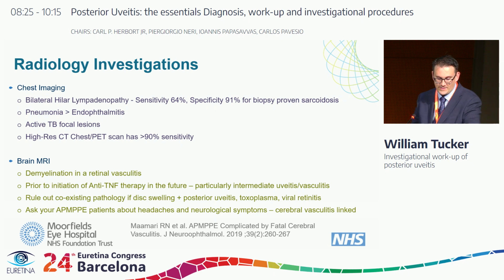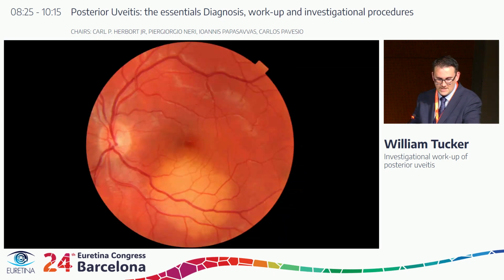So please do remember that. Certainly any AMPI patients with headaches or other neurological symptoms, please act quickly to ensure somebody who understands cerebral vasculitis sees them. So I'm just going to show this case.